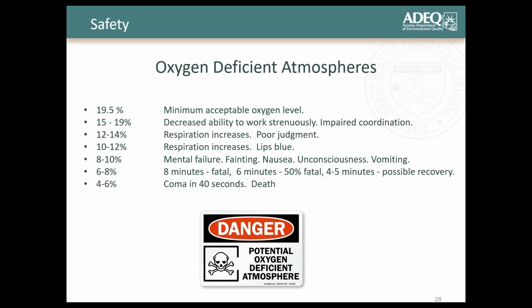At 8 to 10%, you start to feel nauseous and unconscious, and you're not thinking right. At 6 to 8%, we can start talking about the risk of fatality. And at 4 to 6% oxygen, you could be in a coma or die within 40 seconds. Oxygen deficient atmospheres are pretty serious, so I want you to keep that in mind.